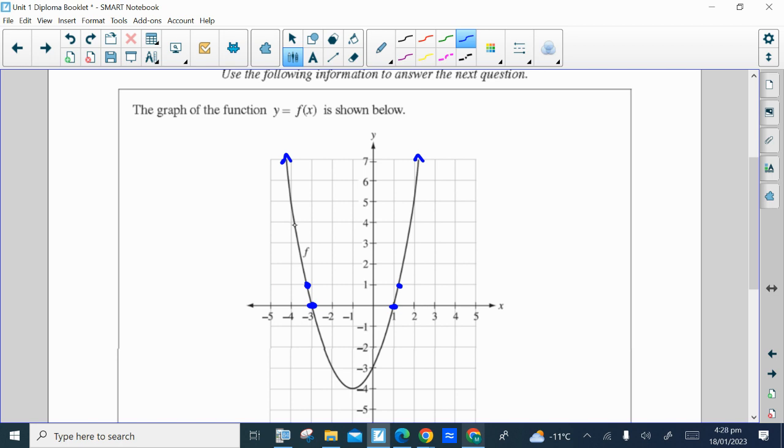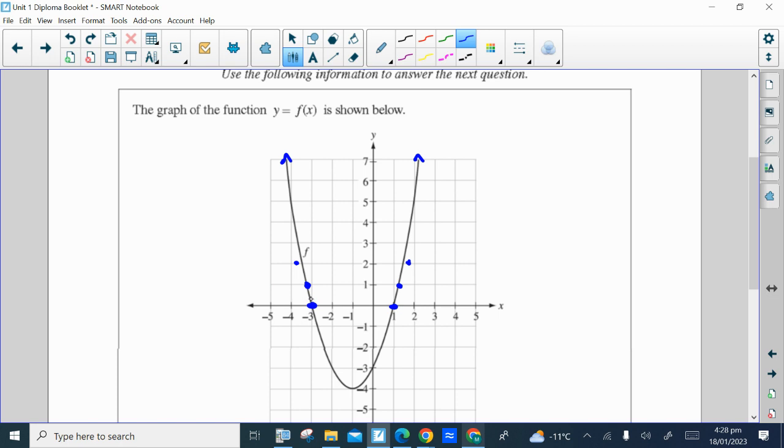We can find a couple more points here by taking this point there, where y is 4, the square root of that is 2, so the x value isn't going to change, but you take the square root of the y value. Same thing with this point over here, where y is 4, the square root of that is 2. So the x value doesn't change, it's just the y value.